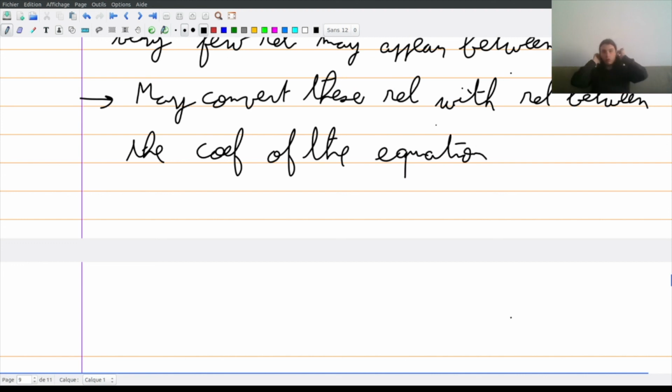It's a general method that does not work every time, but that may work sometimes, and we will see that for order 1 and order 2 equations we can do a lot of things. So that's all for this chapter.